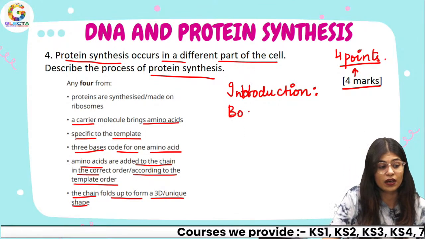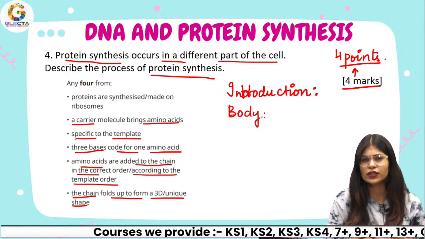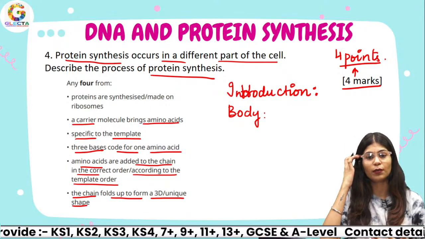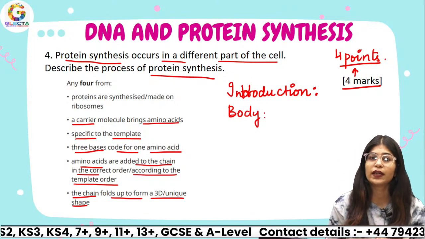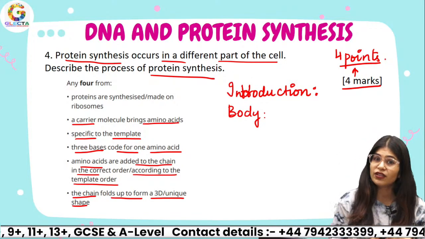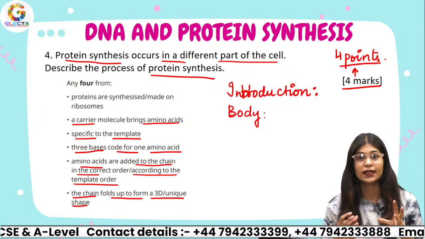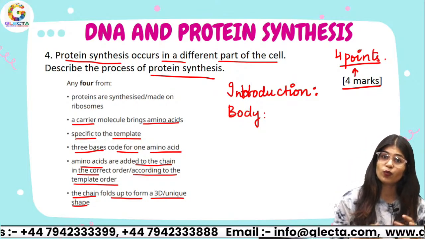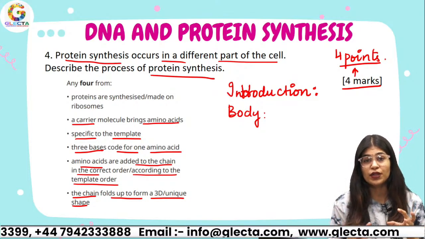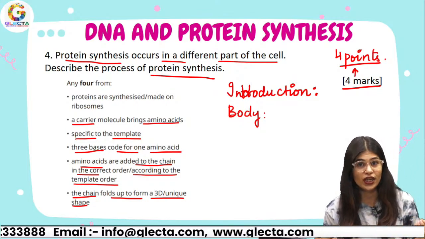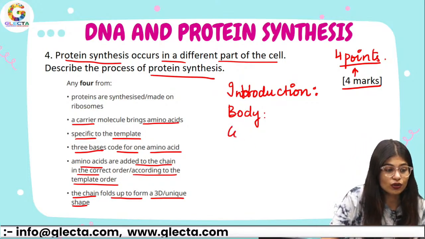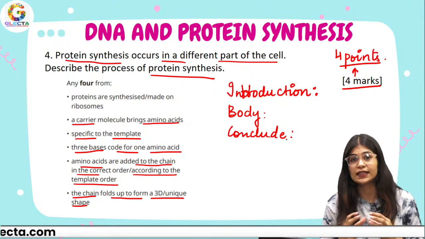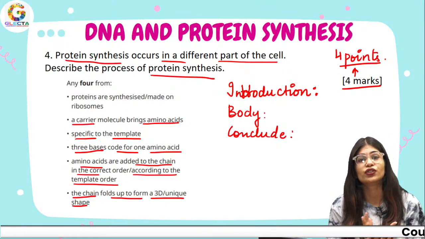Then you start with a body, which can be 2 points, 3 points at max, not more than that, in which you can talk about how we have a specific template, which is mRNA, which carries the code, and those codes specifically code for specific amino acids, and then we have different types of amino acids coming forward, forming a chain. And then you can at last conclude the topic saying that once it is made, it can form a 3D shape.